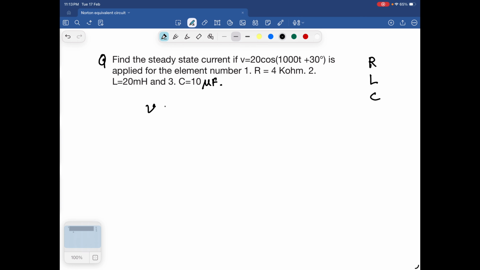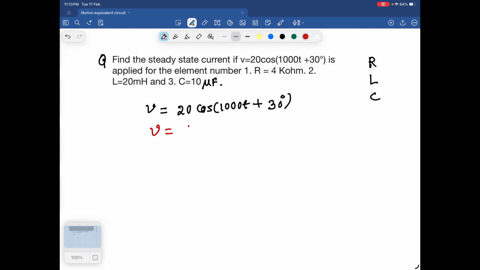Voltage, that is the instantaneous voltage, is written as 20 cos 1000 t plus 30 degree. How do we write it?